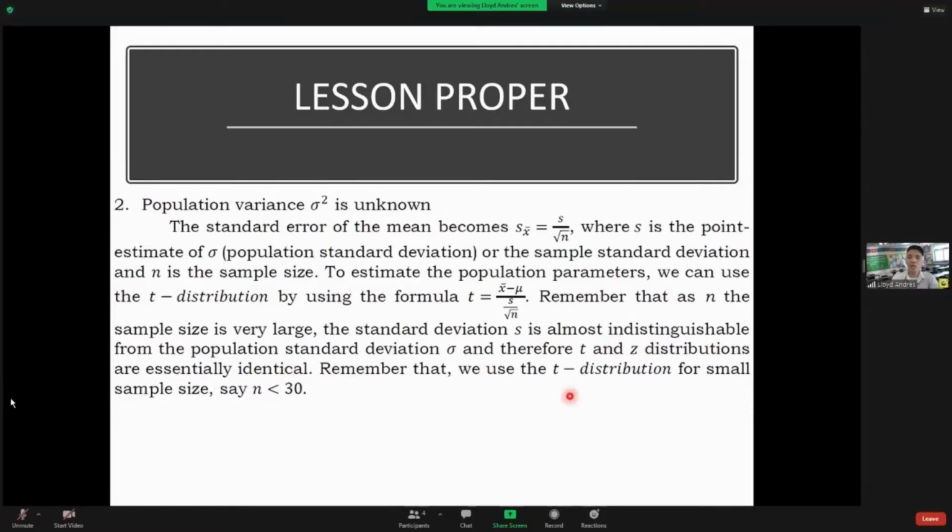Ang T distribution is applicable for small sample size. Say your sample size is less than 30, T distribution gamiton. Pero kung greater than 30, Z distribution. Z distribution po ang gamiton kung nakasulti dito nga assume that the data is normal distribution. Nga to ang pasabutan na.